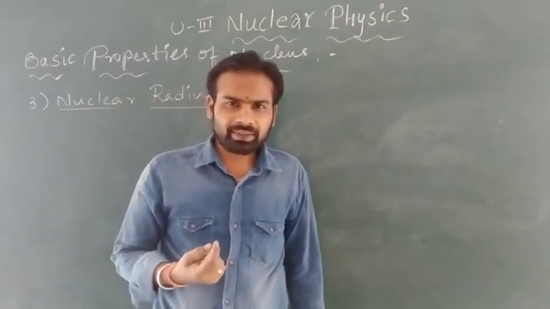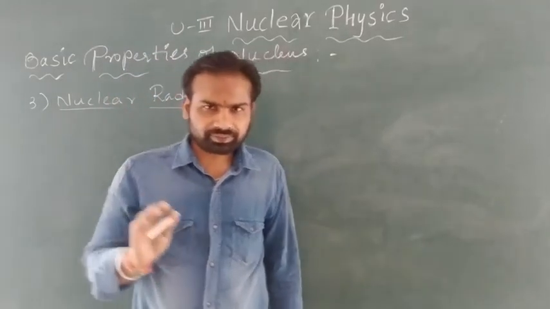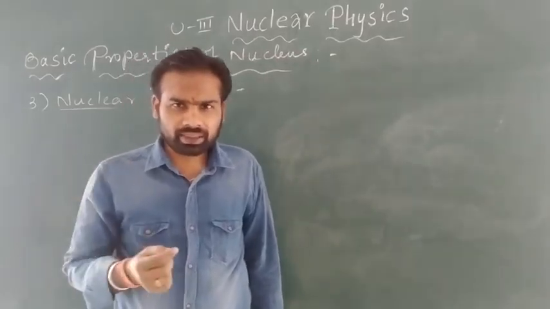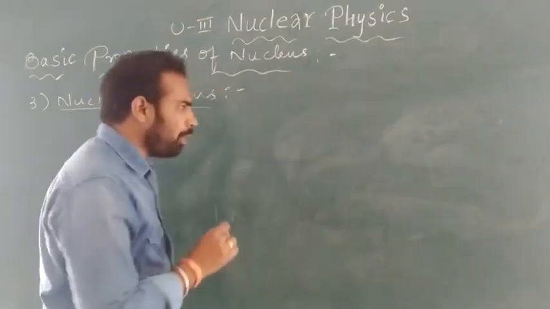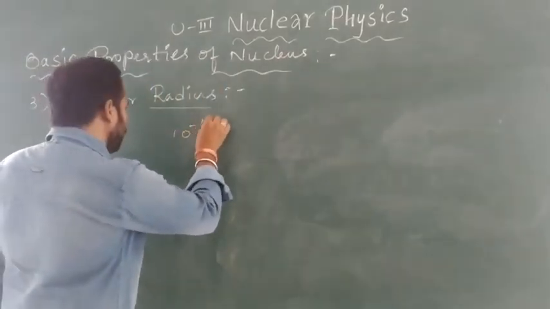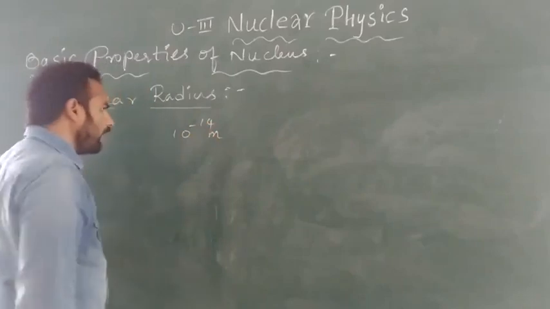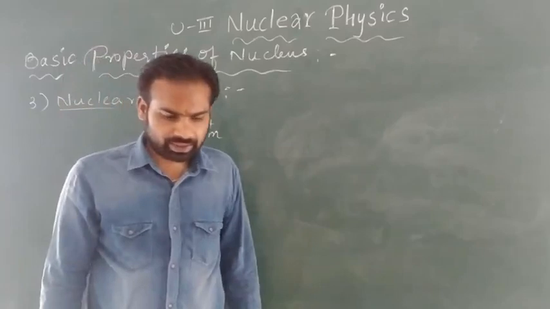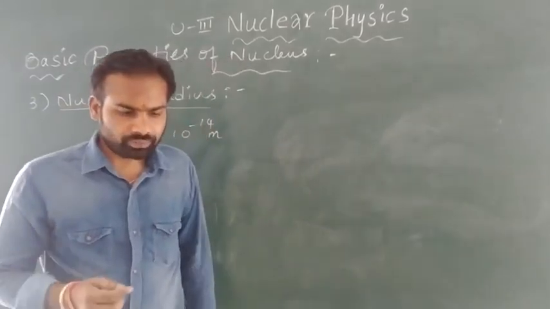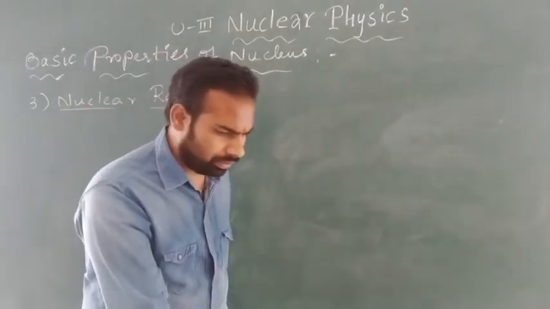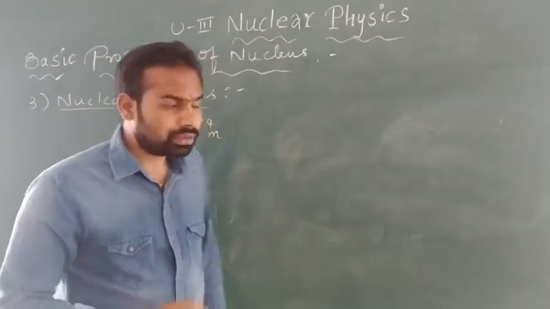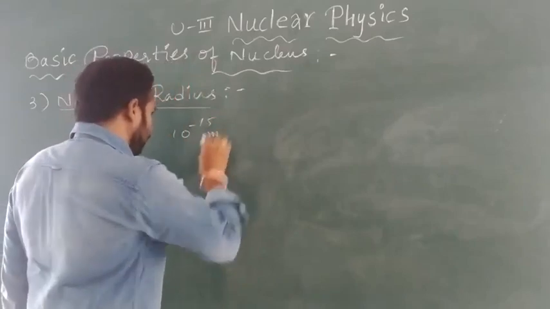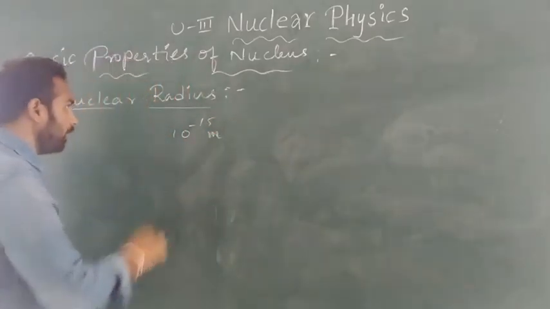What is nuclear radius? The investigations of Rutherford and other scientists found that the nuclear size is in the order of 10 power minus 15 meters.